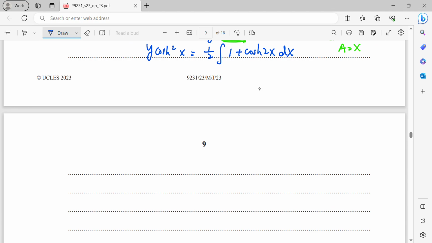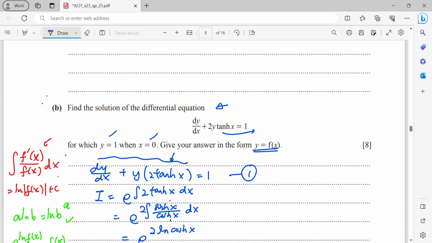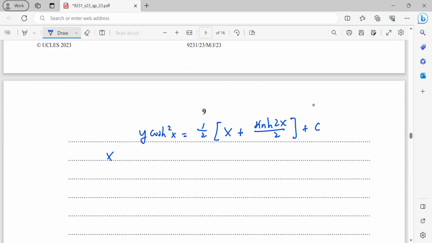Now when I integrate 1 with respect to x, I get x. Integrating cosh 2x with respect to x gives sinh 2x over 2, then plus c. To get the c, replace x and y by the given values: x is 0, y is 1. So when x equals 0, y is 1, I get 1 times cosh squared 0 equals half, the x is 0, then sinh 0 over 2, plus c.